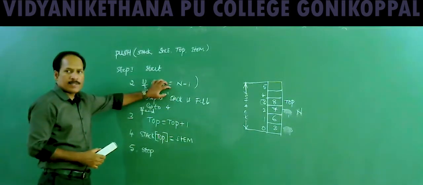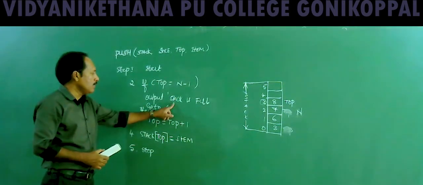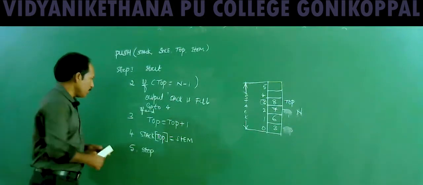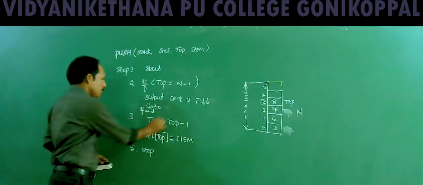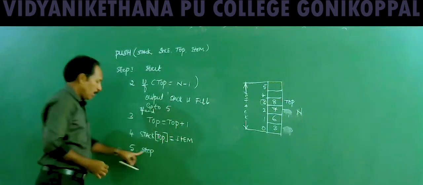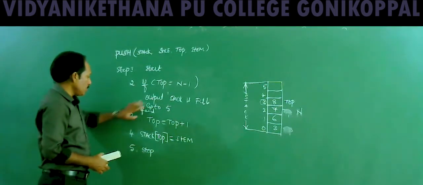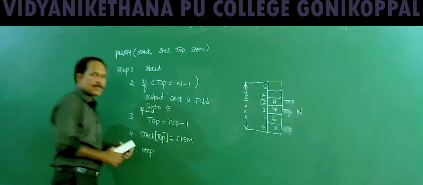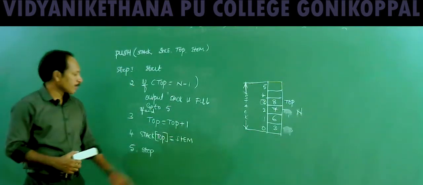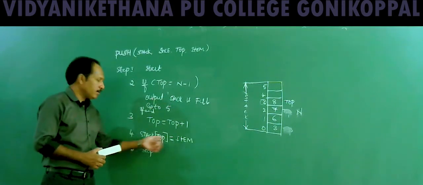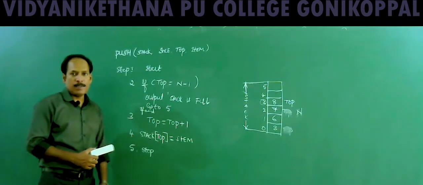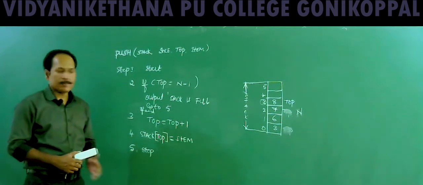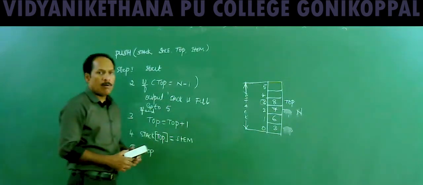So if the stack is full, display the message that the stack is full, and go to step number 5, which is stop. The algorithm ends. Otherwise, it goes to the next step: increase the top pointer because there is a vacant space. Then you add the new element at that place, that is, stack of top. So this is an important algorithm.